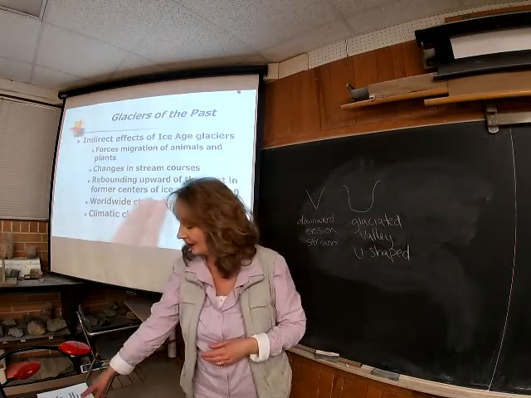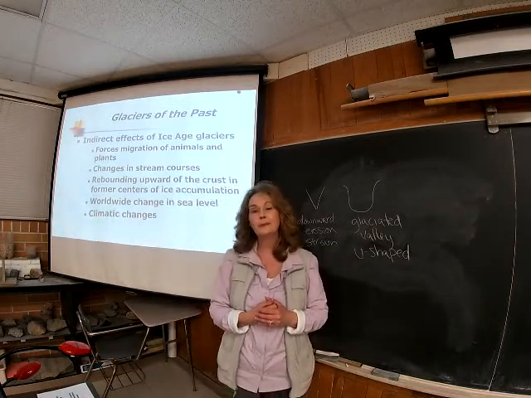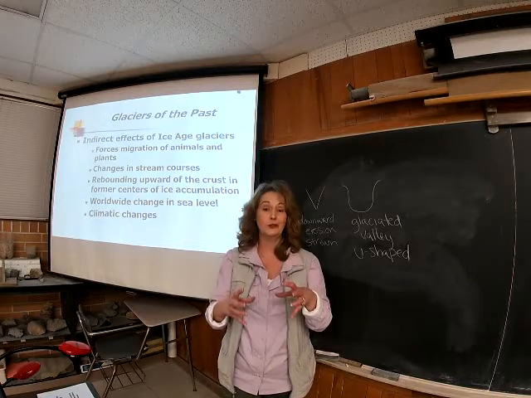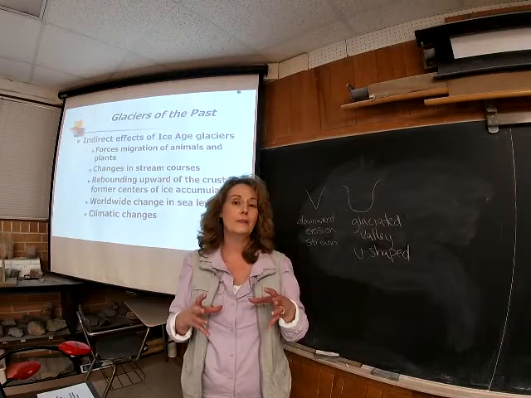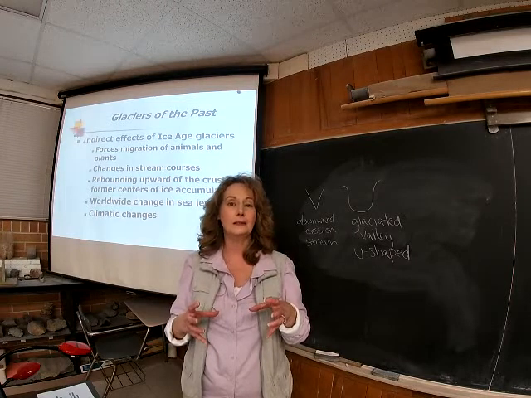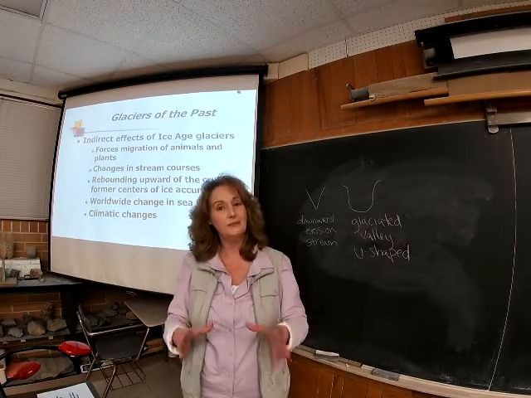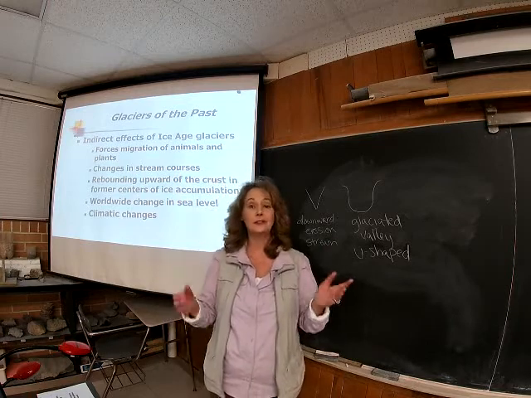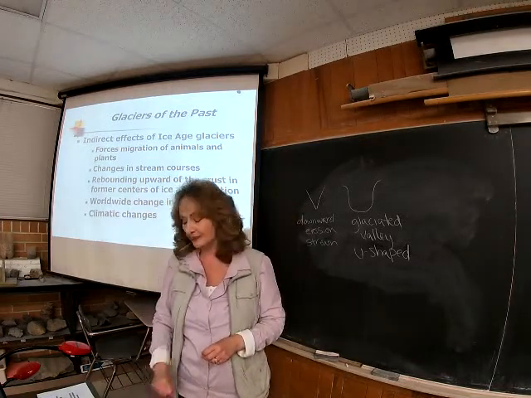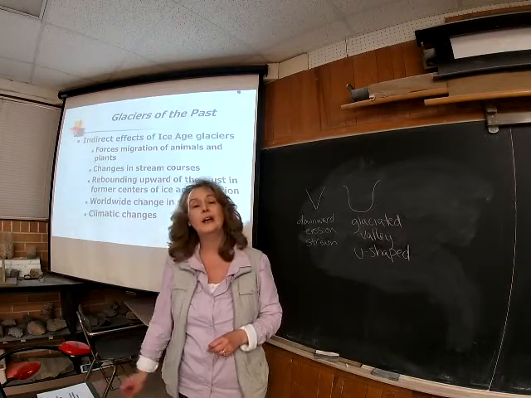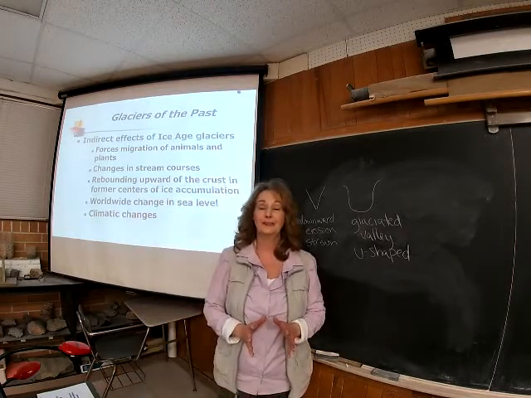Here's the rebounding upward of the crust from the former centers of the ice accumulation. There was so much mass and weight from the thick ice blocks that did bow down, and then now they melted, so you start to get this little rebounding upward of the crust. Worldwide change in sea level.